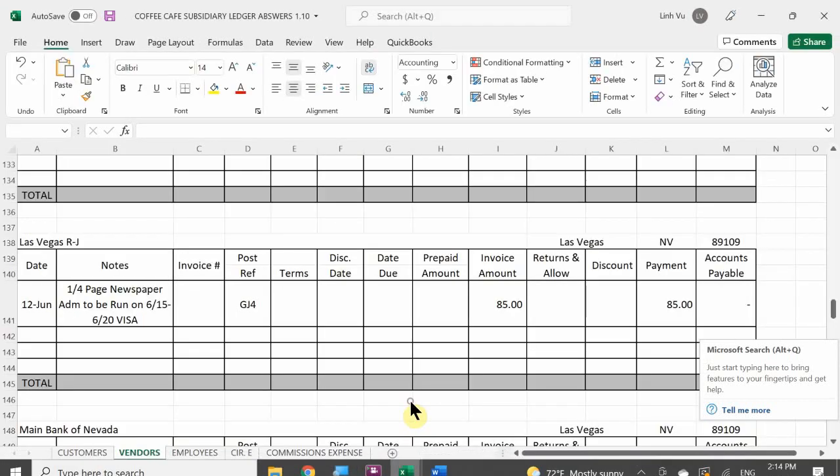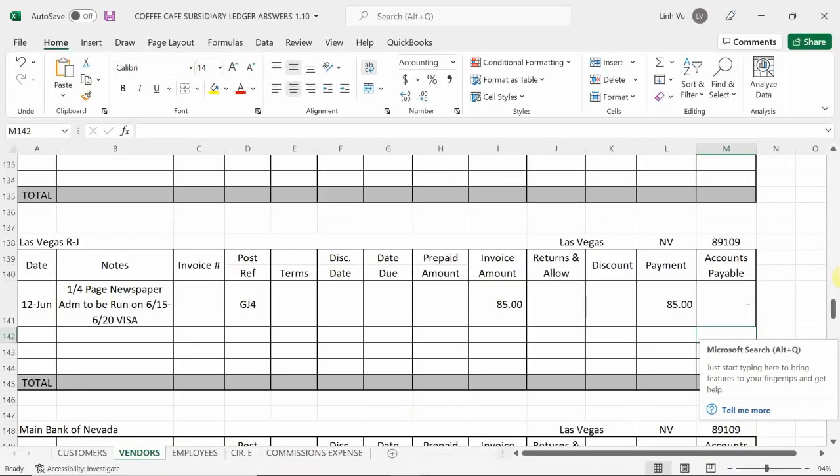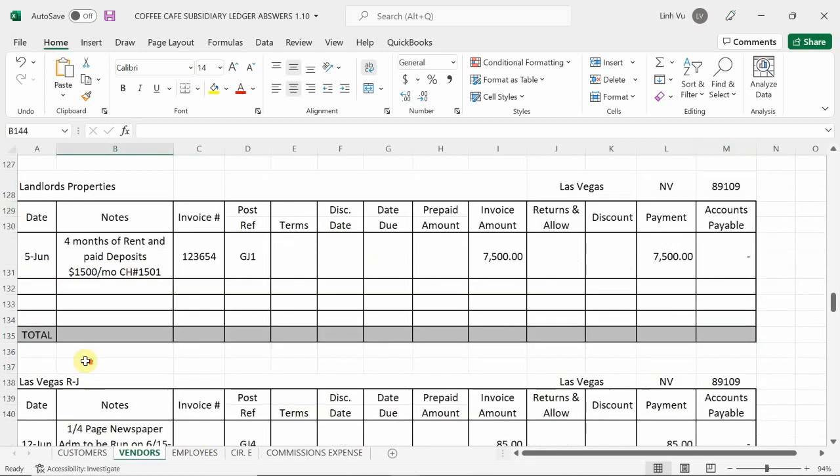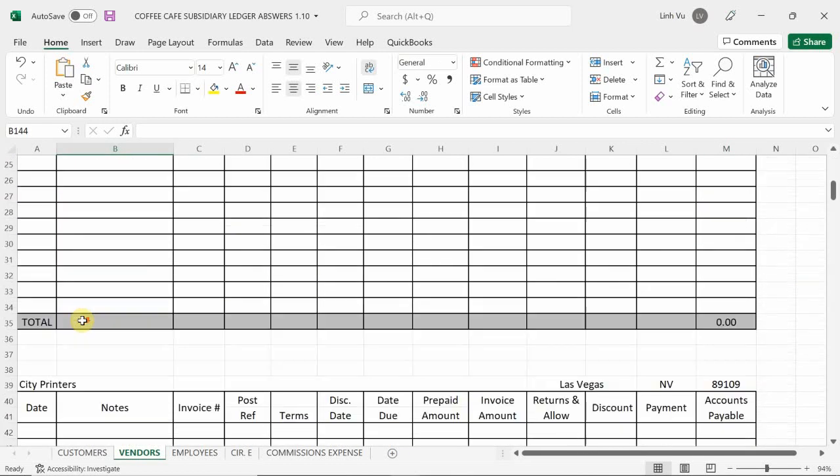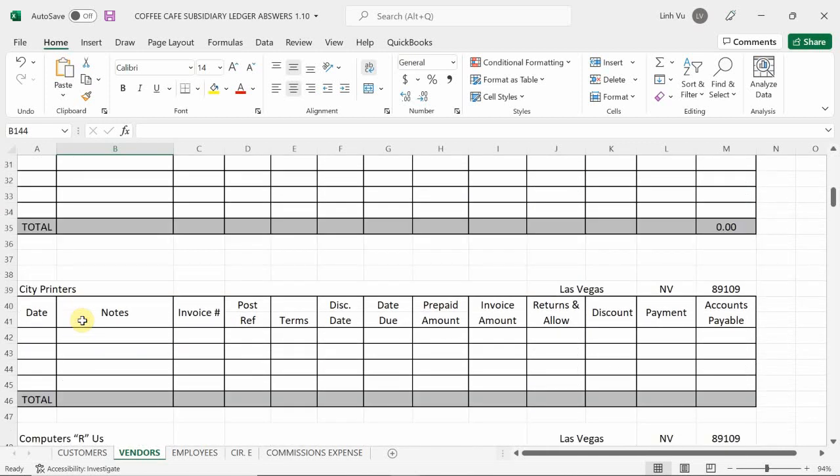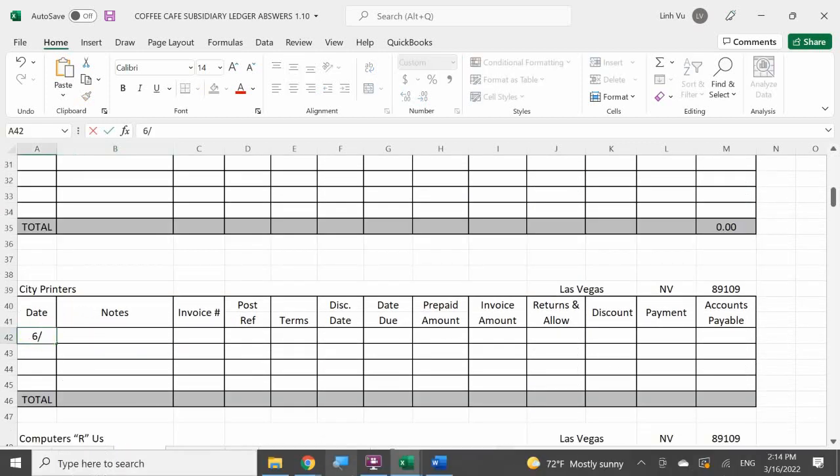So, of course, now I need to go to my City Printers account. Here we are, City Printers. It is the 12th. I placed an order for 2,000 flyers at 5 cents each with a 50% down payment, and I paid with the Visa credit card.